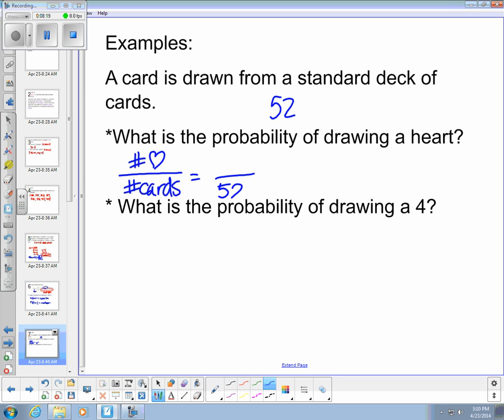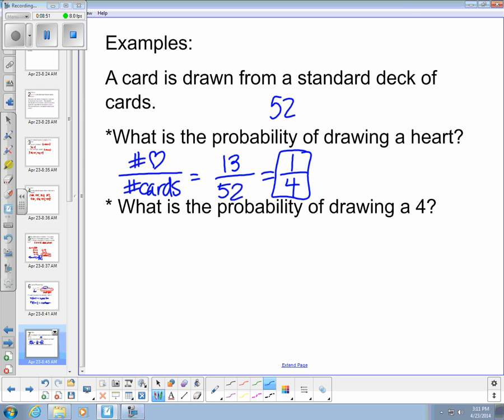We said the total was 52. Now, how many of those cards have hearts on them? Well, there are 13 because it goes from ace up to king. That's 13 cards, and that will reduce to 1/4. That should make sense because in a deck of cards there are 4 different suits. They're all either hearts, spades, clubs, or diamonds, and there's an even number of all of them. So if out of 4 suits we want a heart, that's a 1 out of 4 chance.